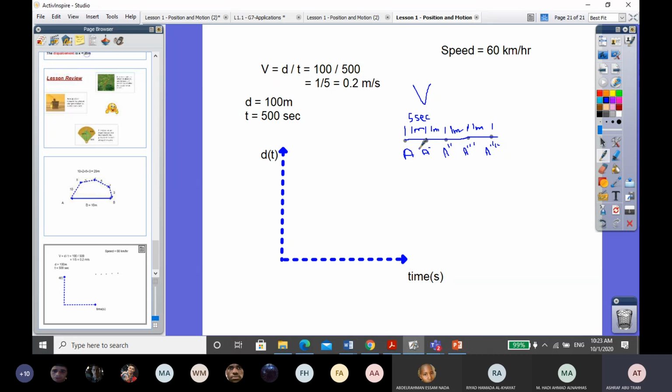Why with the same speed? I'm covering the same distance with the same time. So if I want to calculate the velocity from A to A prime, who can help me? Go for it, guys. Velocity equals what from A to A prime?